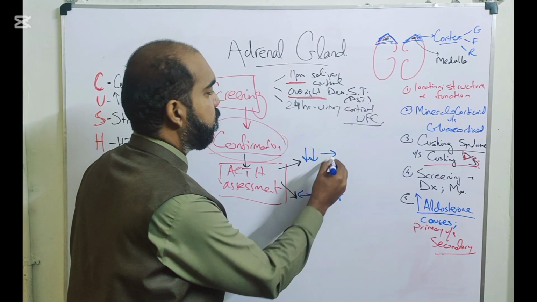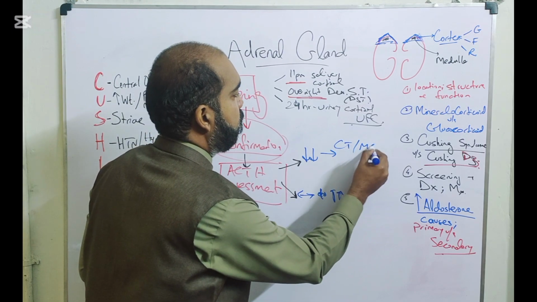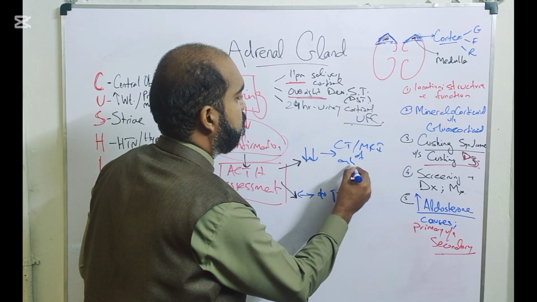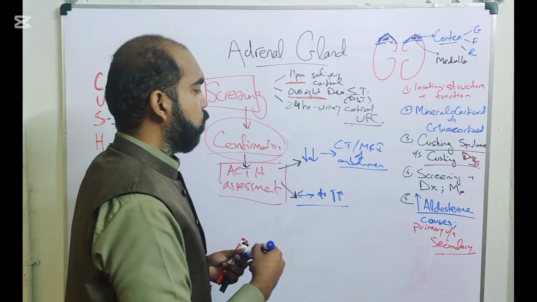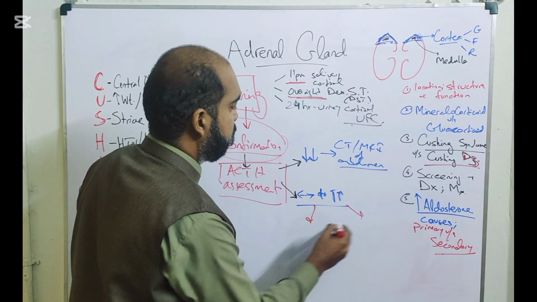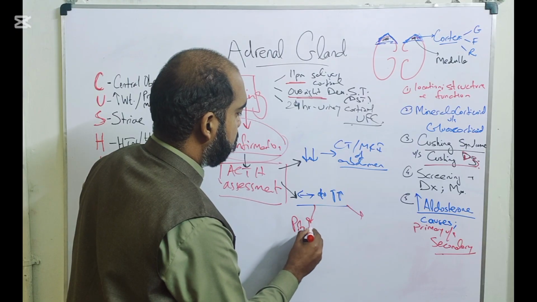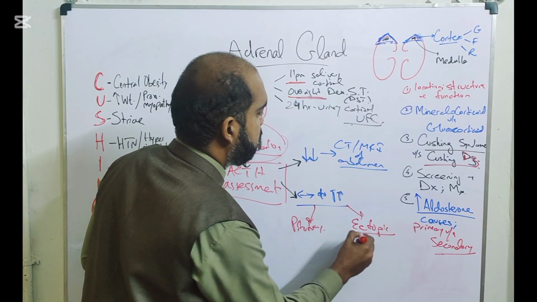If it is decreased, the next step is a CT or MRI of the abdomen to scan the adrenal glands. But if it is normal to increased, there can be two causes. Either there is a pituitary adenoma or there can be ectopic ACTH secretion.